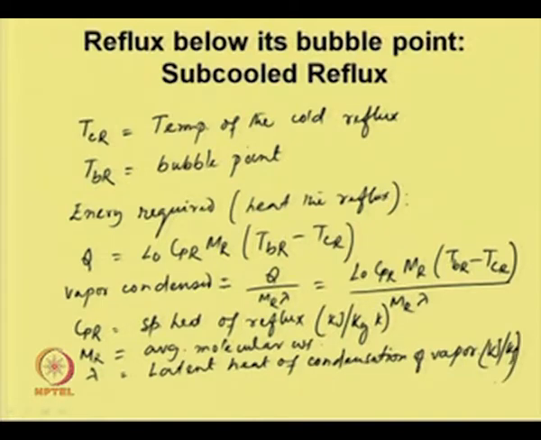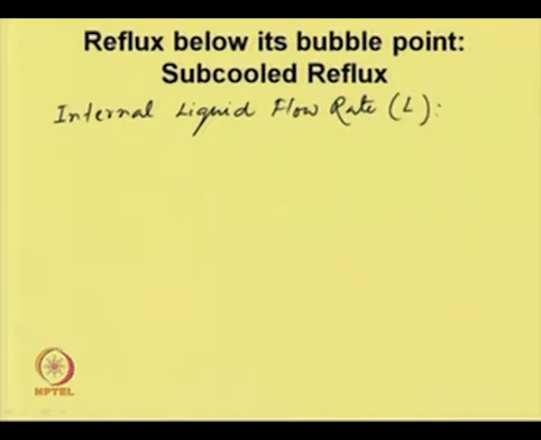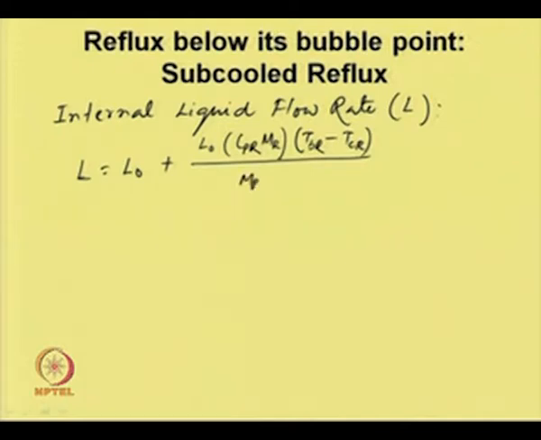Then we can calculate the internal liquid flow rate L. L is equal to L naught plus L naught CPR MR into TBR minus TCR divided by MR lambda.